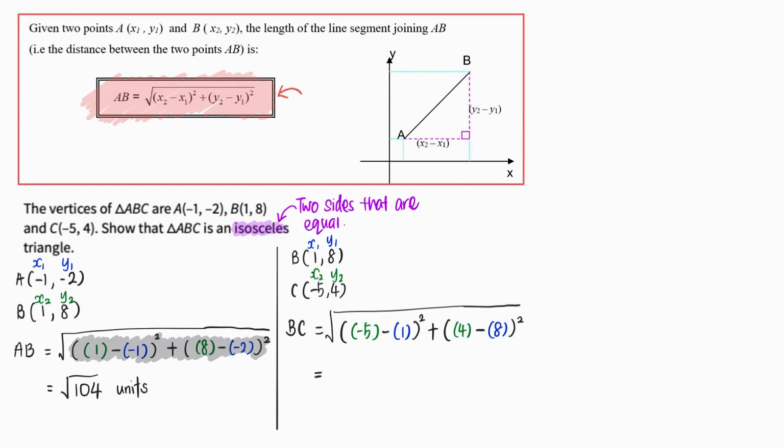Let's see what this will give me. This will give me a square root of this value. I just need to press my calculator, and that will give me a value of 52.